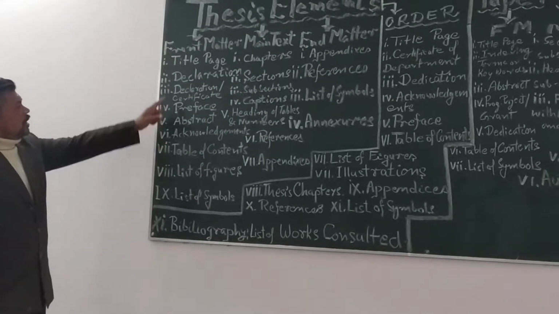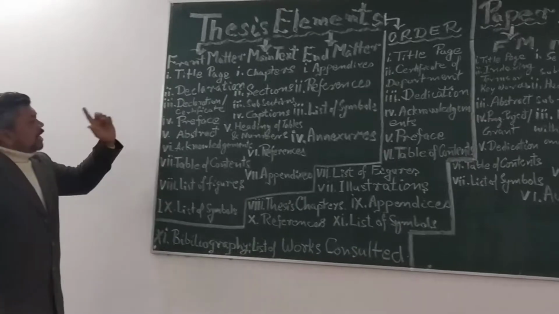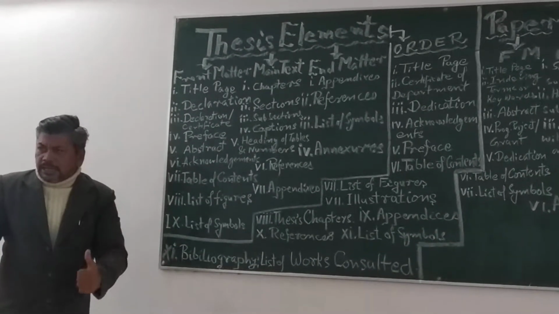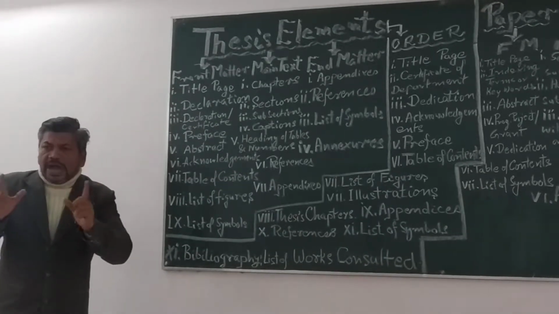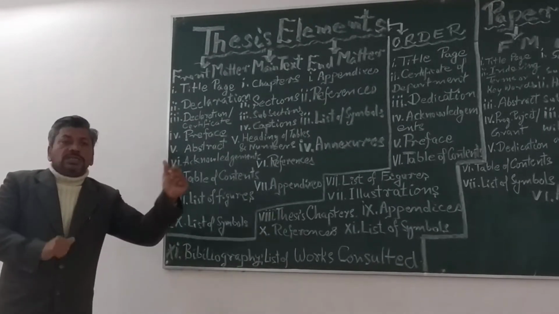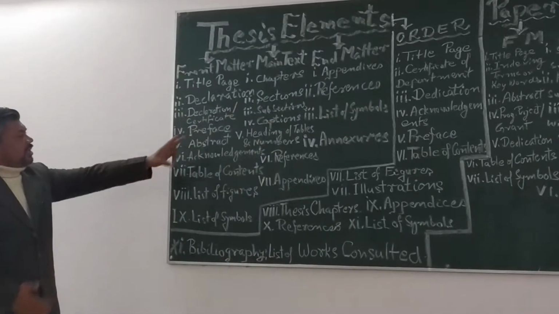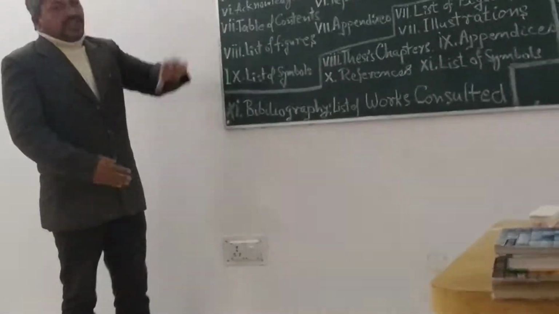Then there comes the declaration. The researcher must declare that whatsoever work he has done is authentic, original, factual, the findings of his own research. Next in the front matter is the certificate.